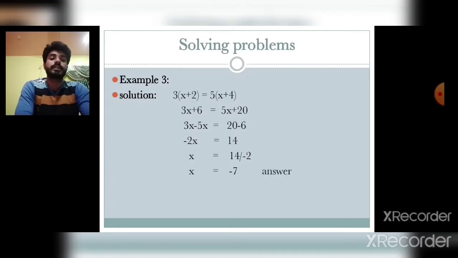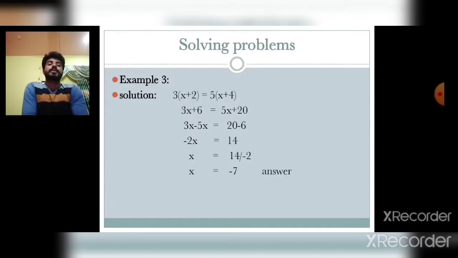On the other hand, we have to multiply 5 with the whole bracket. 5 into x is 5x, plus will remain the same, and 5 into 4 is equal to 20.